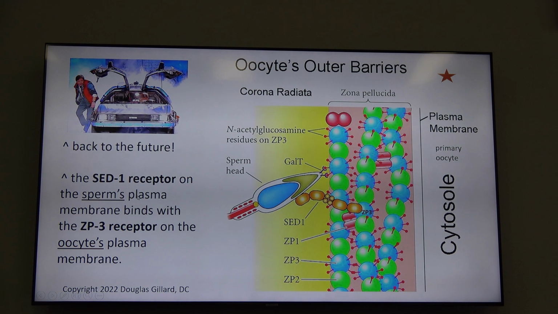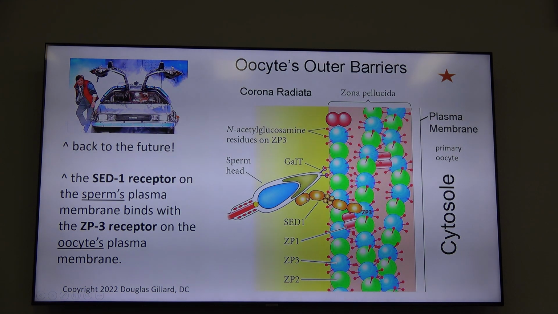Okay, look at the future, where are we going in the future? So just a little sneak preview. Here's a sperm head. And in order for the sperm to get into the egg, it can't penetrate through this zona pellucida without doing this. It has to bind to the ZP3 of the zona pellucida.